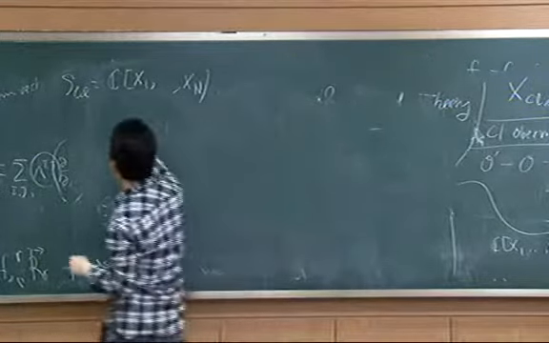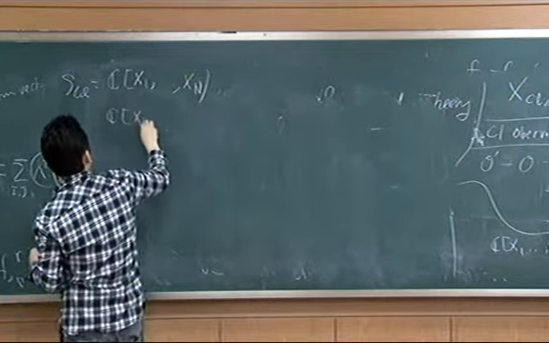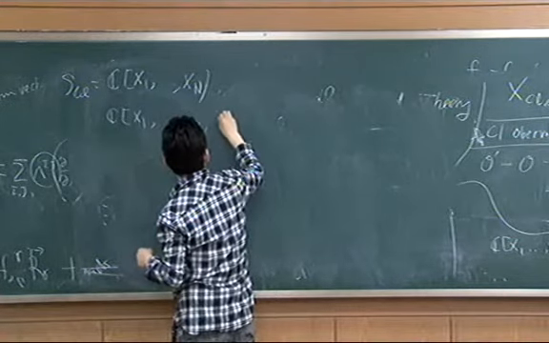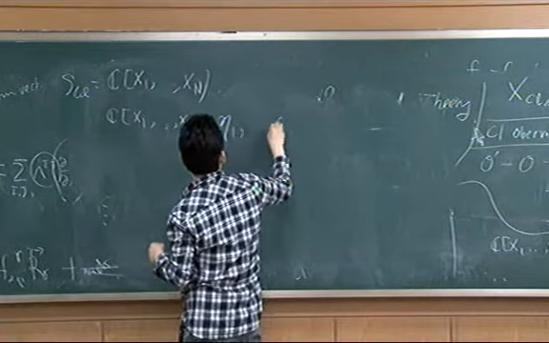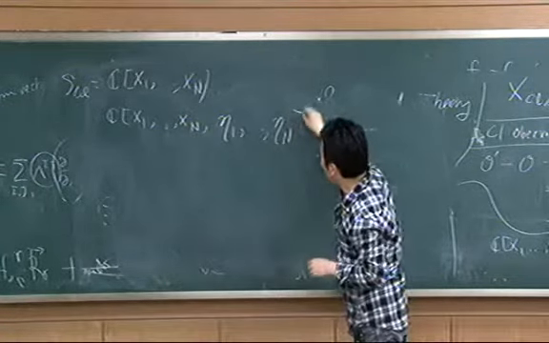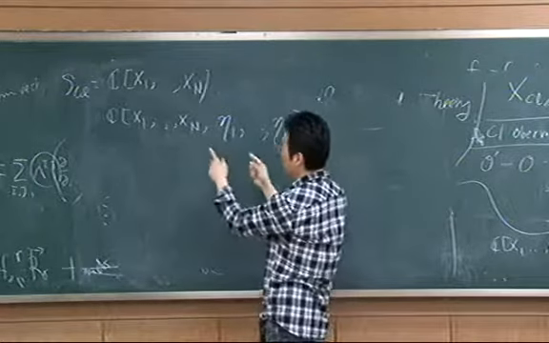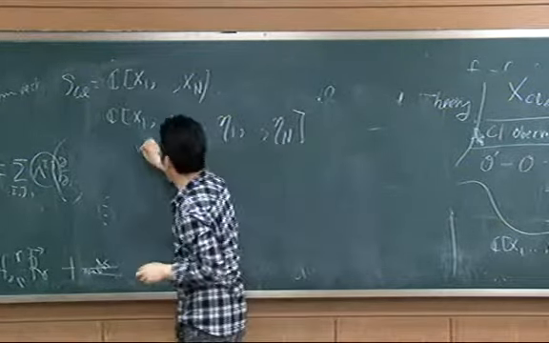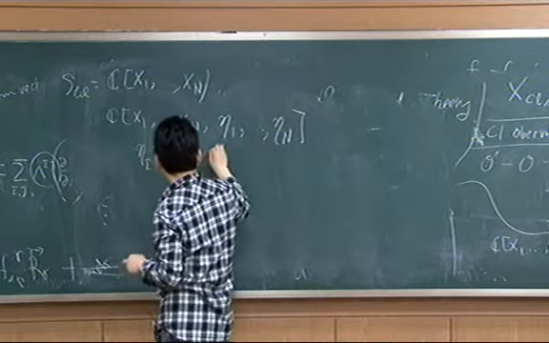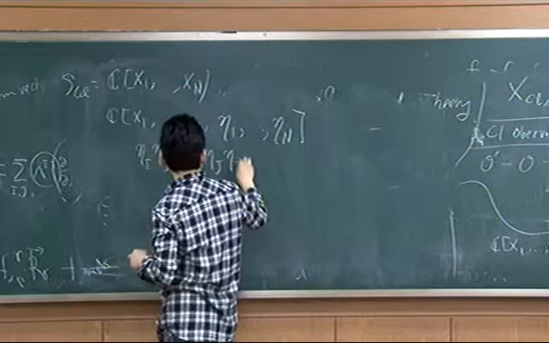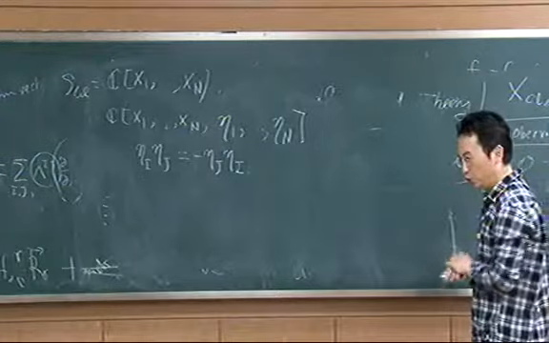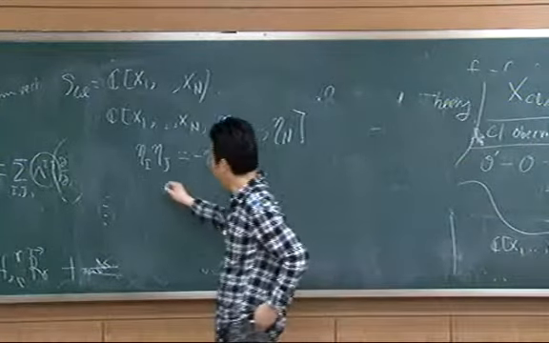So let's extend this by introducing another variable, eta. Some polynomial algebra, but in this case eta is not symmetric, it is anti-commuting. So it is a graded polynomial algebra, and x and eta are commuting.